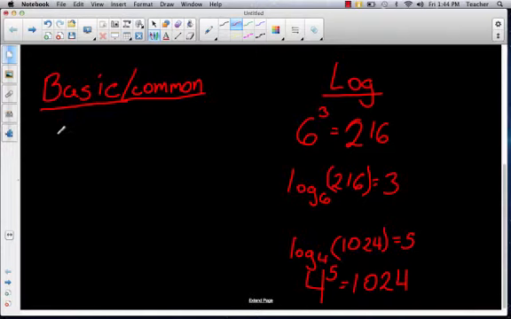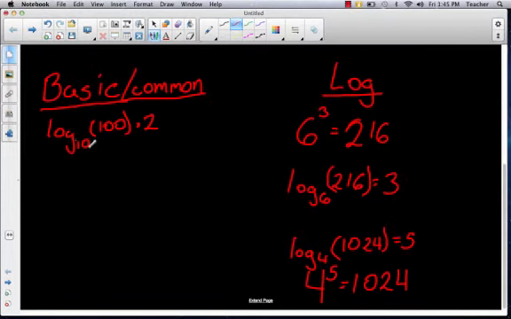Now, basic log, or common log, is found on, I think, every single calculator after a scientific calculator. Scientific calculators also have common logs generally. So a common log is just always base 10. So log base 10 and let's say 100. Now, this is going to equal 2 because we all know that 10 squared equals 100.